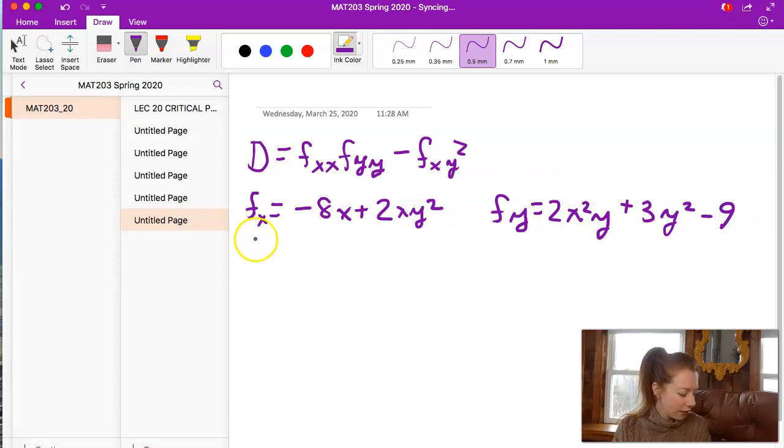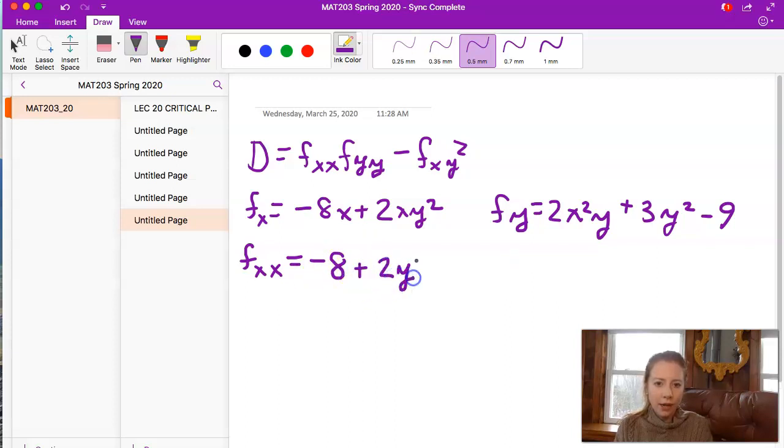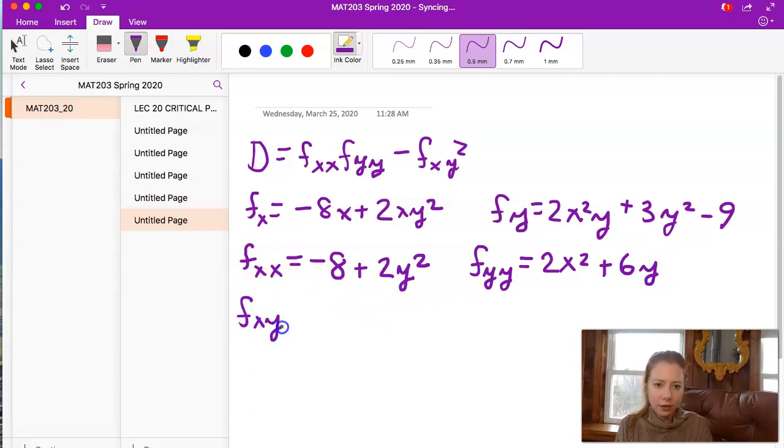Okay, so now let's take the second order with respect to x. So that's going to be minus 8 plus 2y squared. And then our second order with respect to y is going to be 2x squared plus 6y. Okay, and then our mixed is just going to be 4xy.